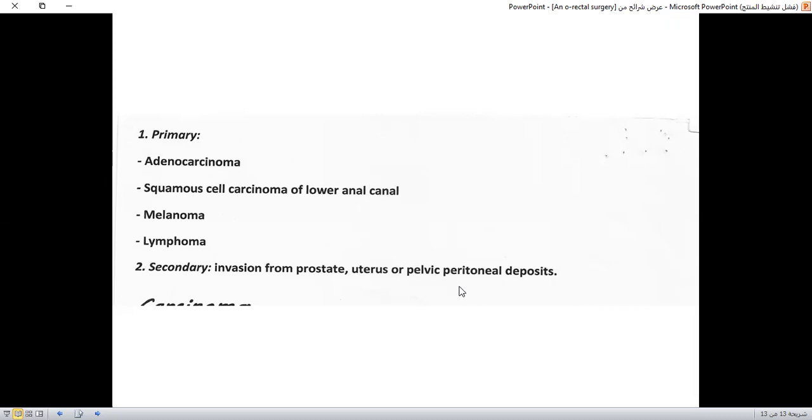We also consider preparation of the patient with rectal cancer for operation, and there are different options for procedures in dealing with carcinoma of the rectum. Thank you very much, God willing we meet on Thursday with the last lecture, CA rectum.